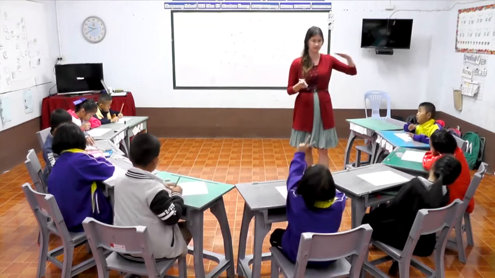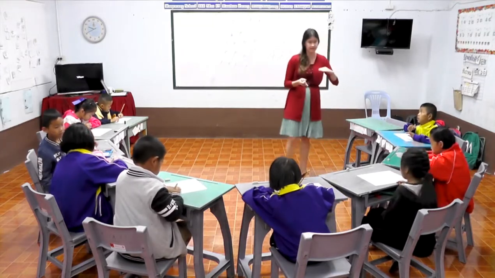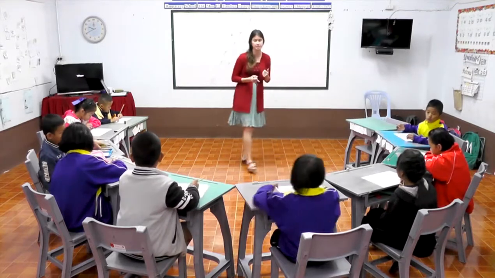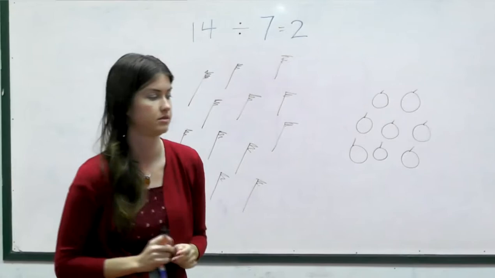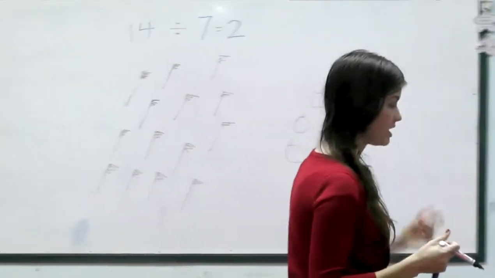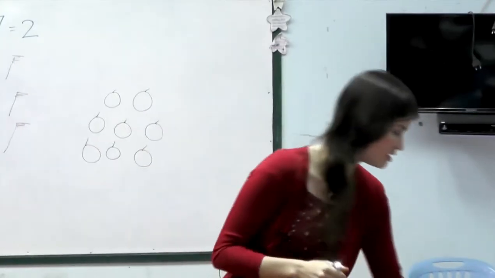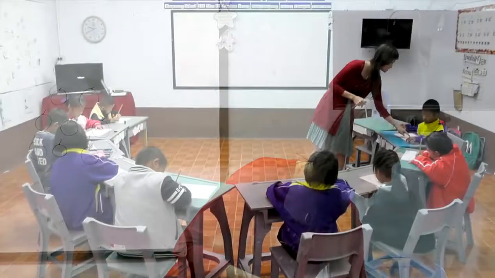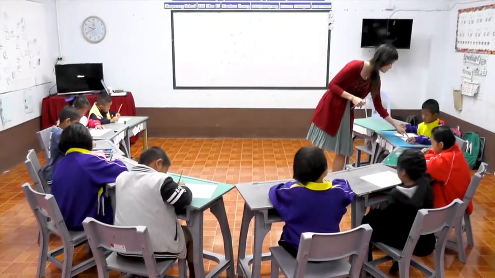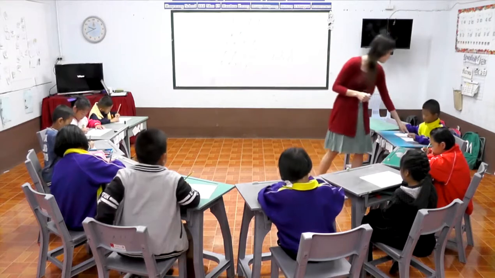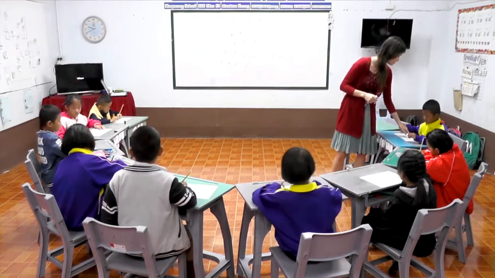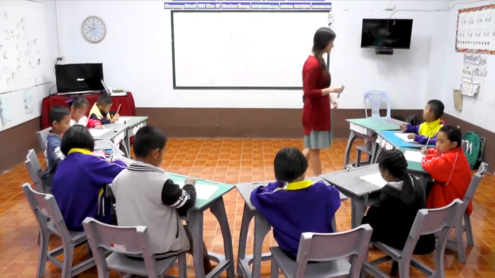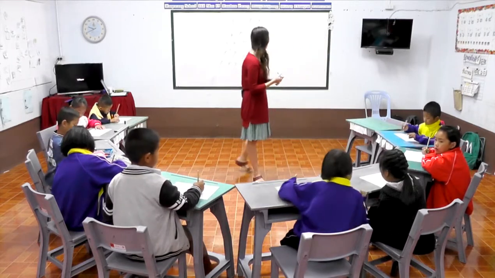How many groups? 2 groups. Okay, good. So we have 8 apples divided by 2. And how many are in each group? So how many apples in this group? 1, 2, 4. How many apples in this group? 2. Good. So we have 8 divided by 2.